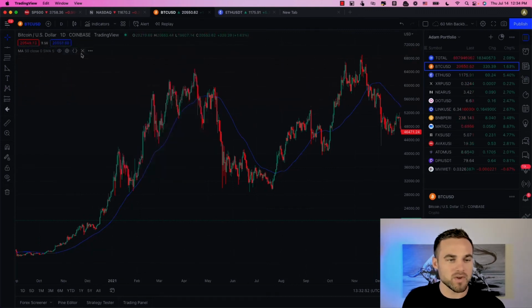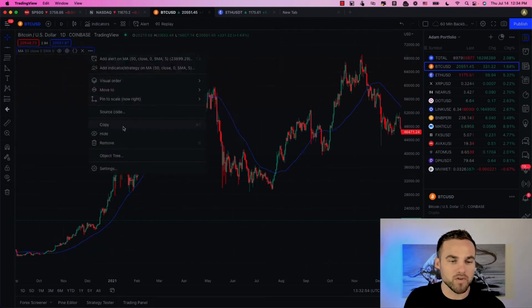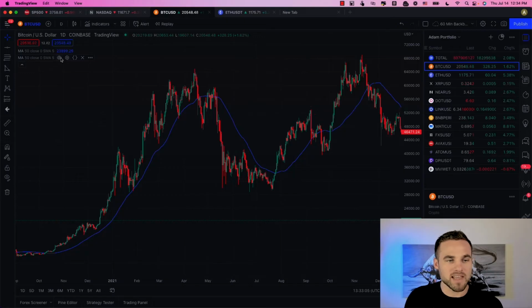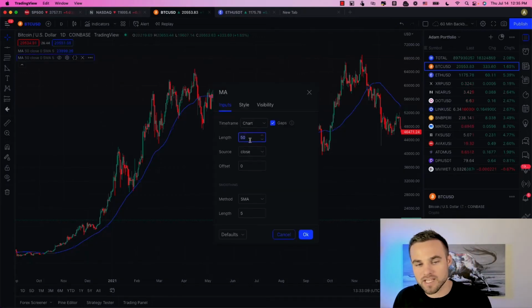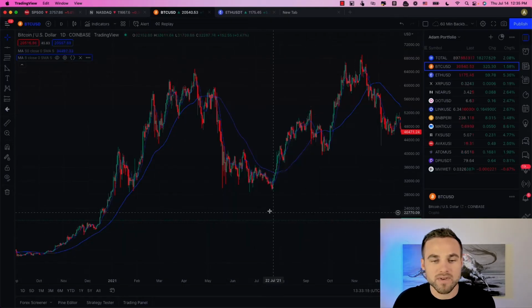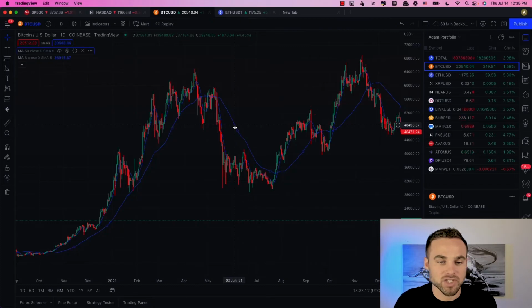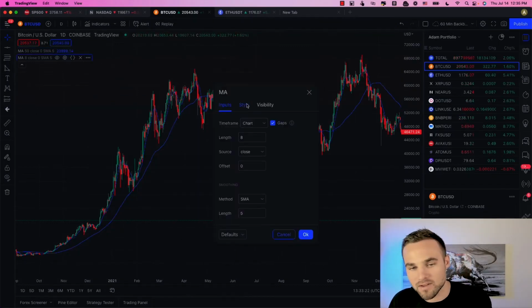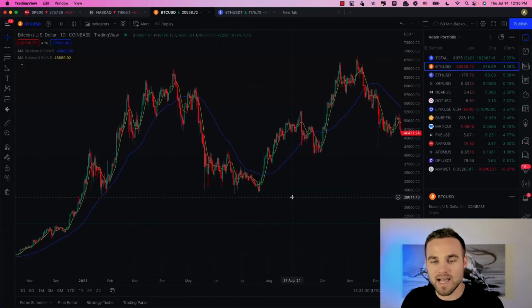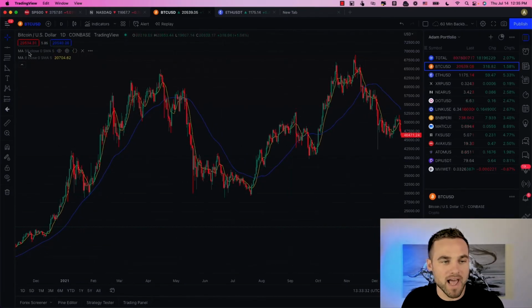Now, one other thing you can do is put on two moving averages. You can see I've now put on two, and I'm going to change this one to, say, an 8 moving average. Now I have two lines, and I can change the color of the fast one to something else. Now I have the fast one as yellow and the longer one as 50.